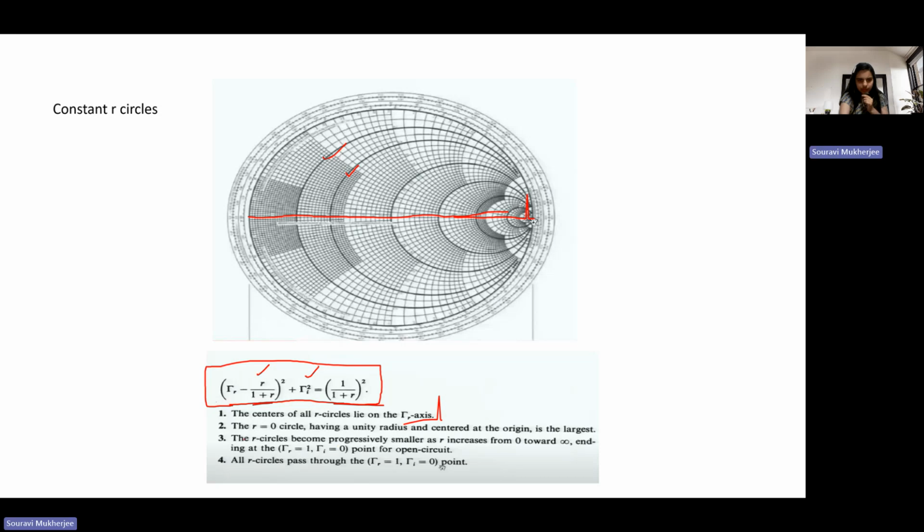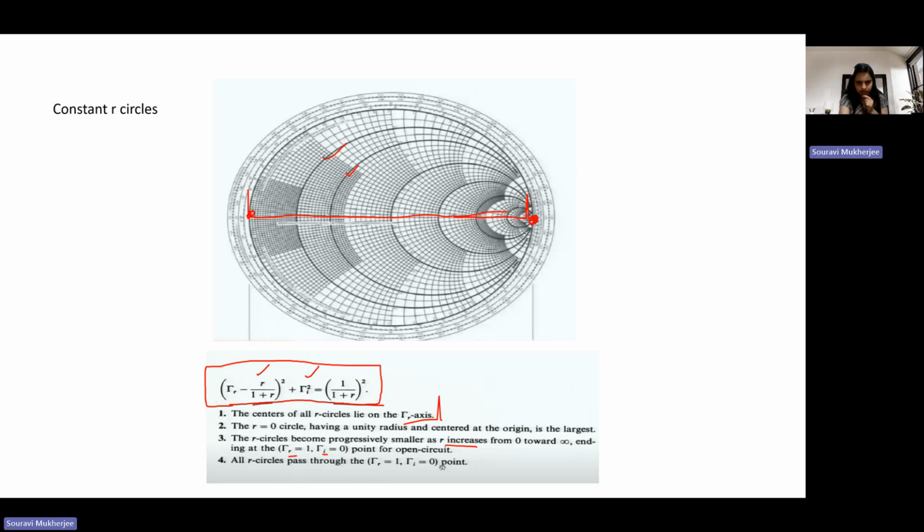The R circles become progressively smaller as R increases from 0 to infinity, ending at tau r equal to 1 and tau i equal to 0. So R is the real part and I is the imaginary part. I being 0 and R being 1 is the point for open circuit, which is this point here, right? This point here will correspond to your open circuit, and this point here will correspond to your short circuit.